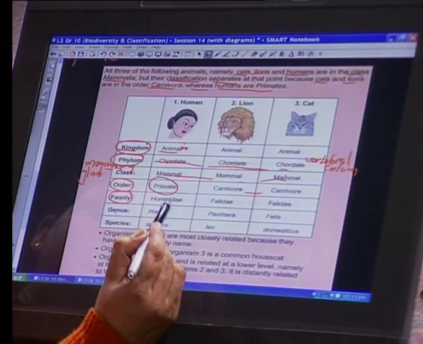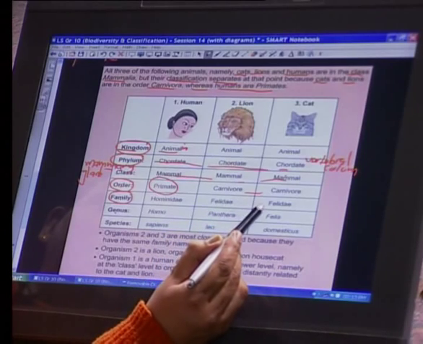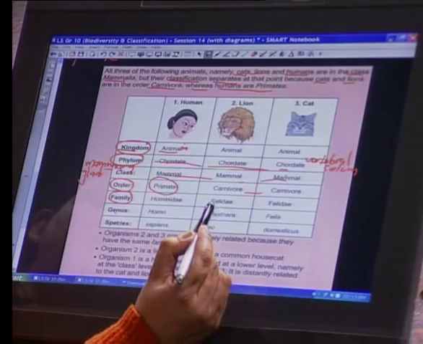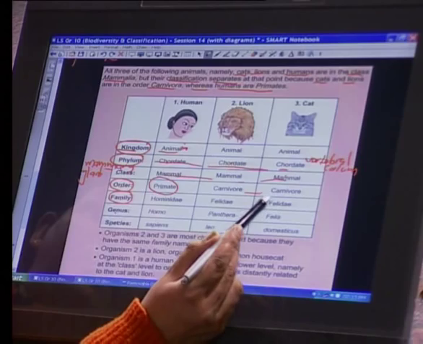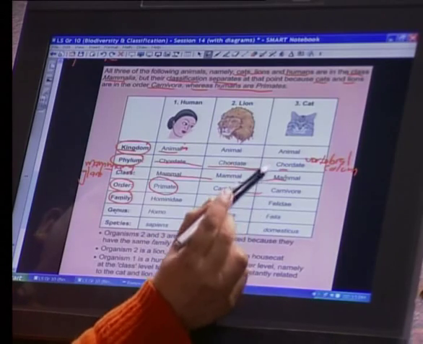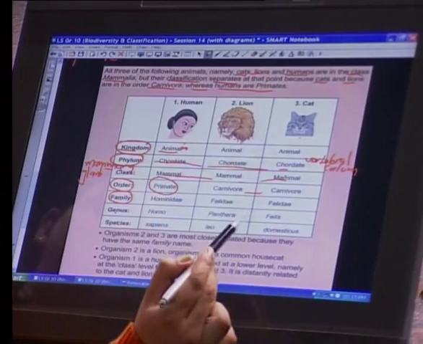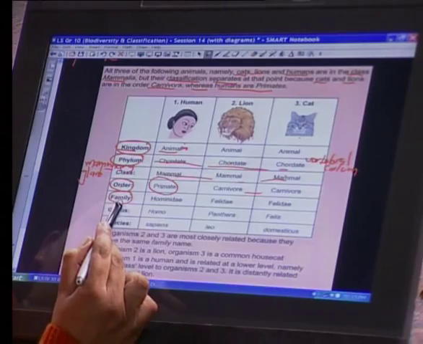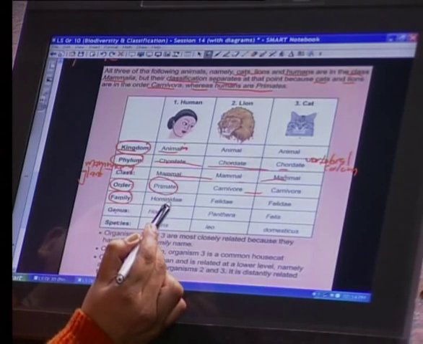You look at the family as well. The family also distinguishes the human from the lion and the cat. The lion and the cat are more closely related because they have the same family name, Felidae. So we also say that the cat belongs to the lion family or the lion belongs to the cat family, and that is Felidae because they have similar features. A human being, on the other hand, belongs to the hominids, or Hominidae, because hominids are bipedal.